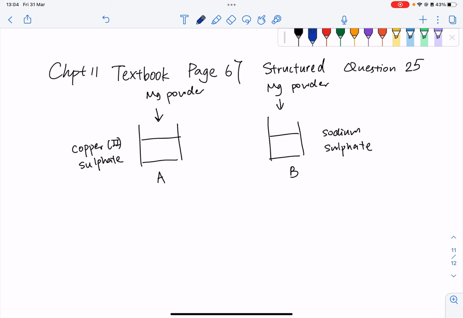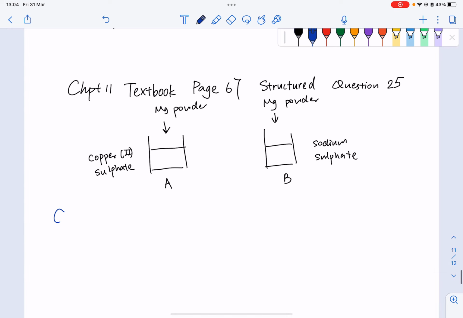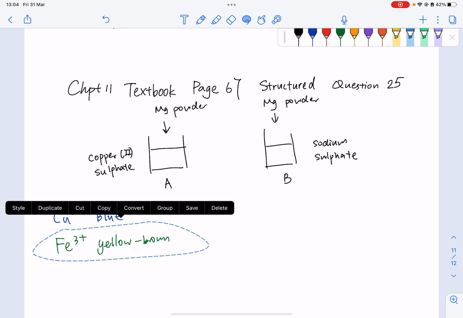All right, so let's record the different colors of the charged ions. For example, for copper 2 plus, the color should be blue. If that is iron 3 plus, this one should be yellow brown, so I should use a yellow brown color to represent it.